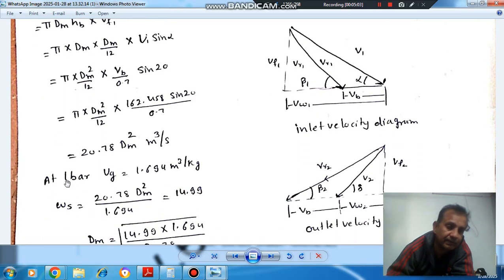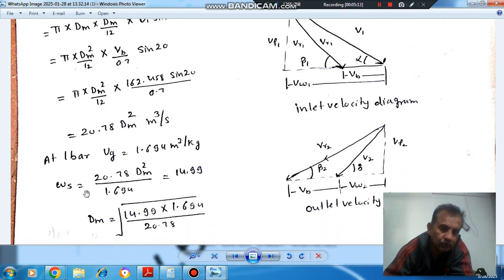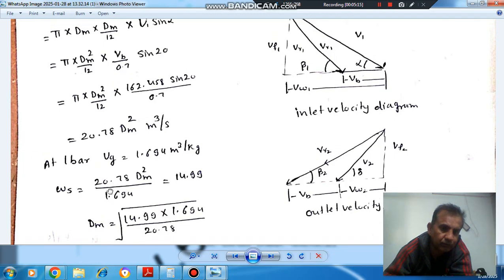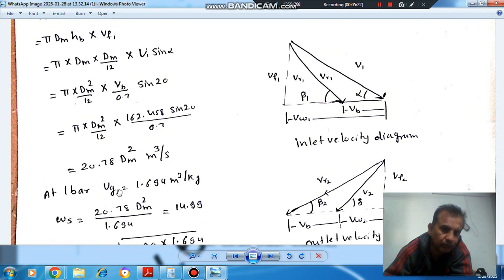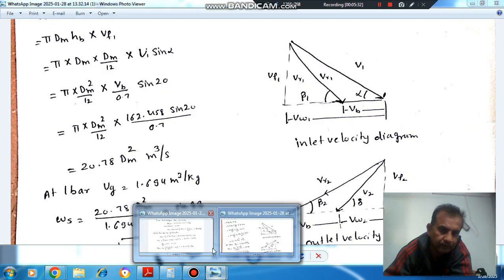At a pressure of 1 bar, specific volume is given as 1.694 meter cube per kg. So this is the volume flow rate, and the mass flow rate is 20.78 Dm square by 1.694, and we have calculated the mass flow rate, that is 14.99.